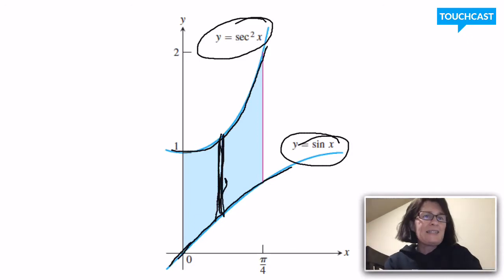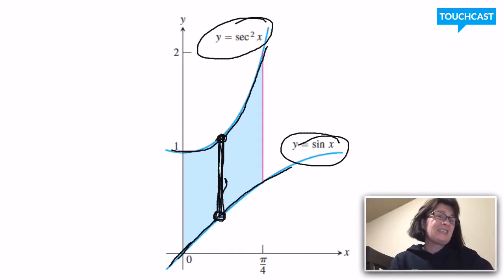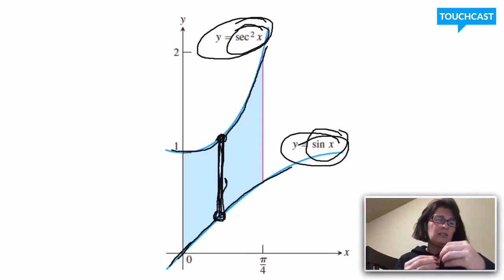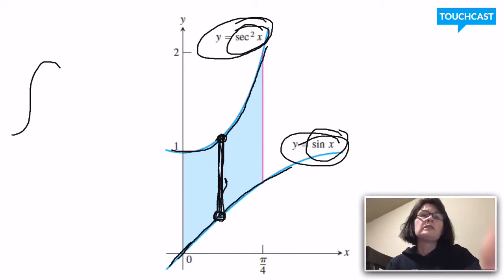So notice that that line segment is vertical, which means if I was going to figure out the distance between that top point and this bottom point, I would just have to subtract the y values. Well, I know a formula for the y values, and that's how I get that expression that's inside my integral, which is secant squared of x minus sine of x.